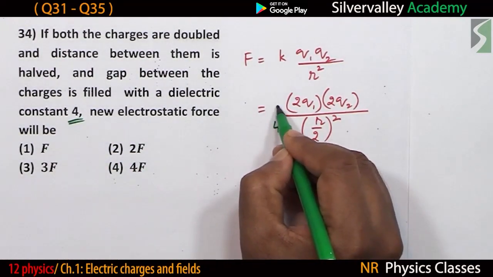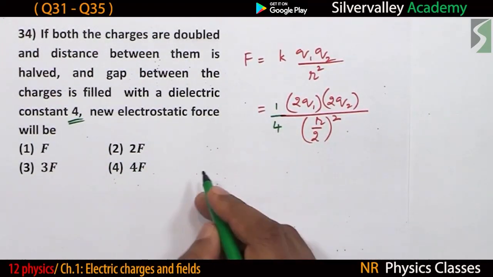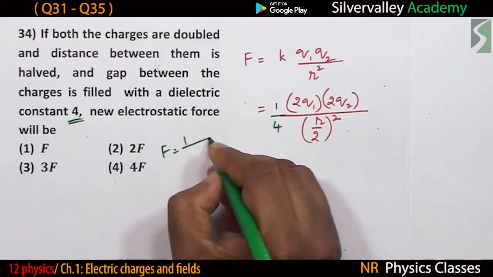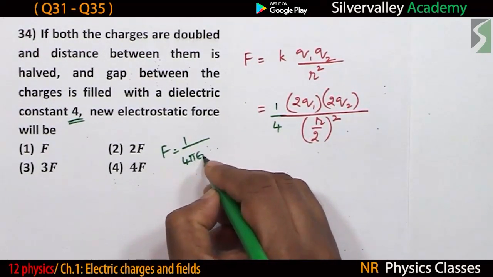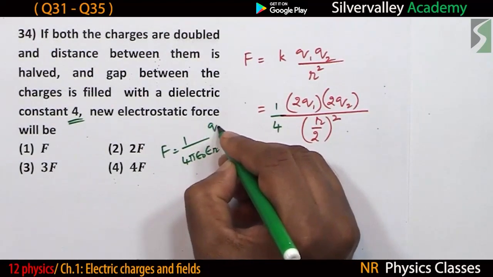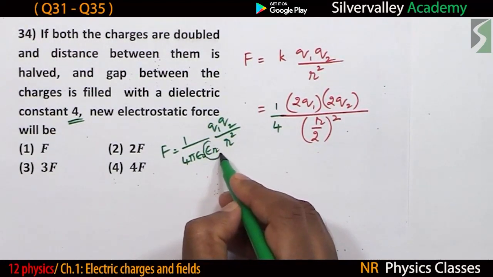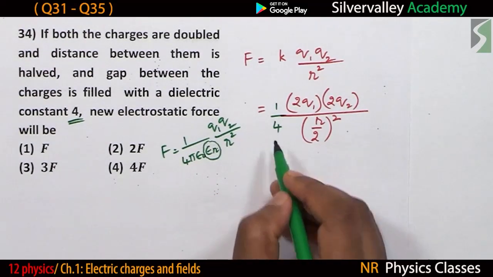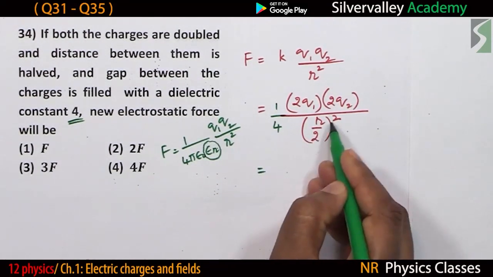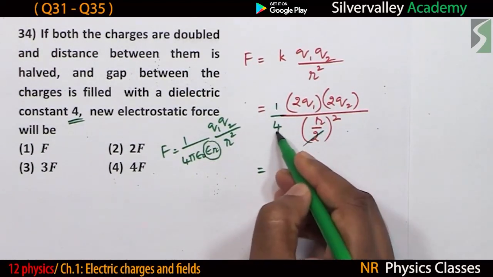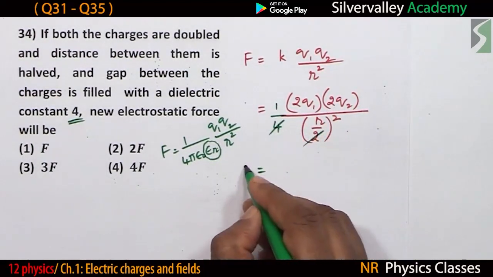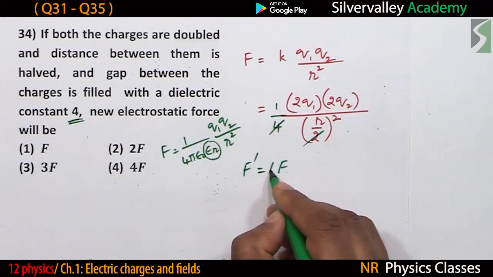The dielectric constant is in the denominator because F equals 1 by 4 pi epsilon naught epsilon R Q1 Q2 by R square, isn't it? This epsilon R is the dielectric constant, therefore 1 by 4. 2 square is 4, the 4s cancel, 2 into 2 is 4, therefore the new force is 4 times F.